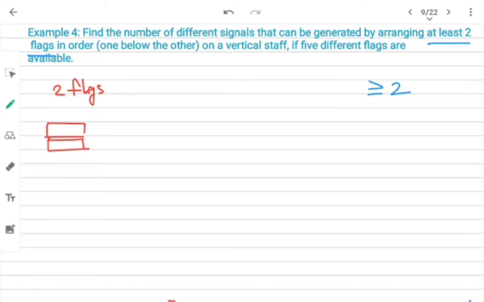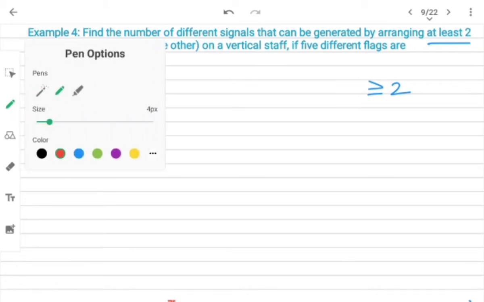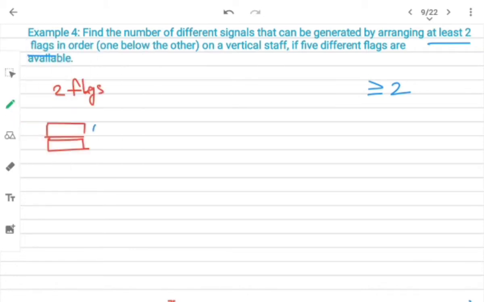So like this we can take. In the first place, I can have 5 flags. In the second, how many options do I have? 4. So if I am going to show 2 flags, my possibility is 5 into 4. That is 20.